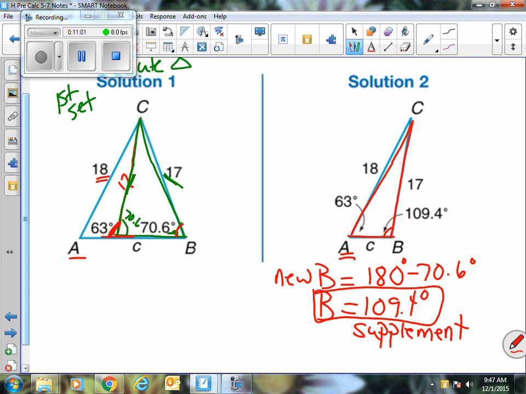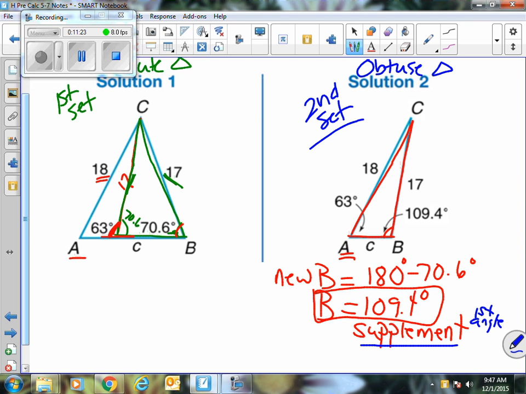It doesn't matter what the label is for it. It's always the first angle you're solving for. So solution 2 is the obtuse triangle version. The obtuse triangle is going to generate your second set of solutions. And again, how you find it is always finding the supplement of the first angle that you solve for, the one that you have a choice over.